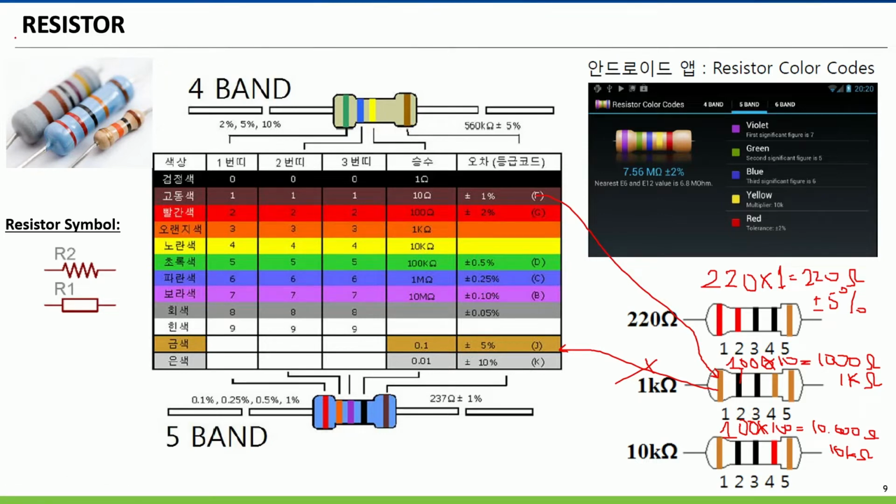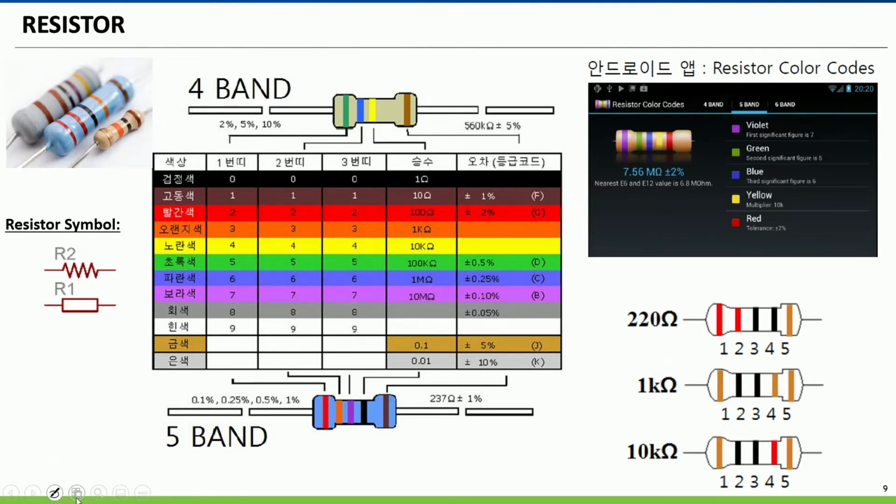So that one is the resistor to limit the current, and that is how to know the value of a resistor based on the color sign on the resistor.